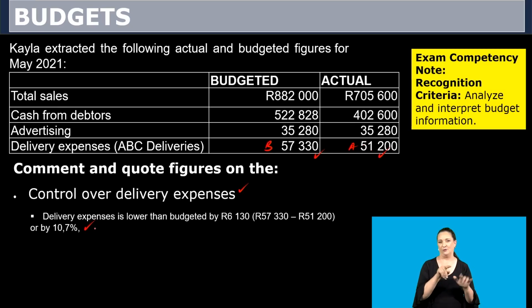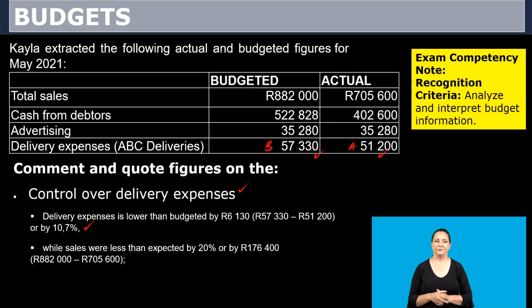So it is lower by 10.7%. While sales has declined by 20%, remember we calculated the 20% already. So you can see that your delivery has declined by only 10%, yet your sales have declined by 20%. The next question you ask yourself is, what were the deliveries for? Obviously, they were for the sales.